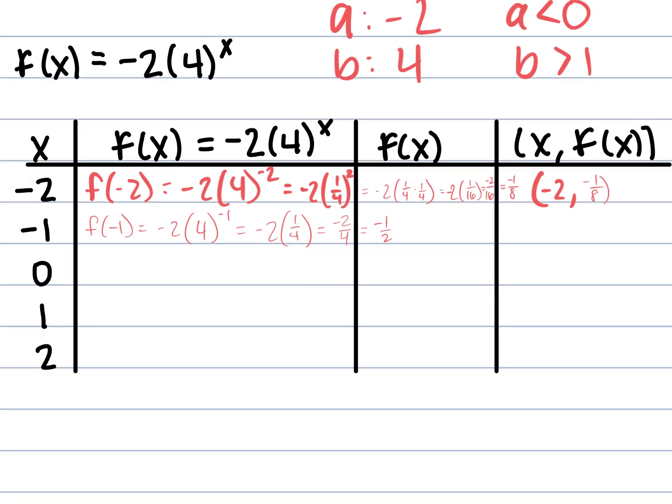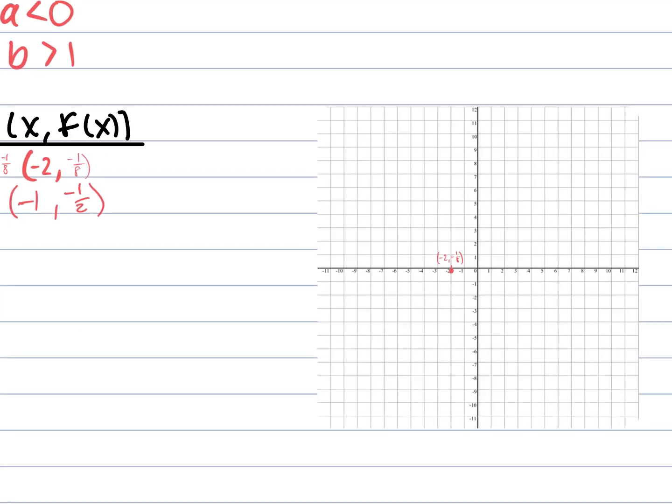So my next point, Addison, is what? Negative 2 and negative 1. Close. What did we plug in for x? Oh, negative 1. Okay, so negative 1 comma negative 1 half. Very good. All right, where's negative 1, negative 1 half?